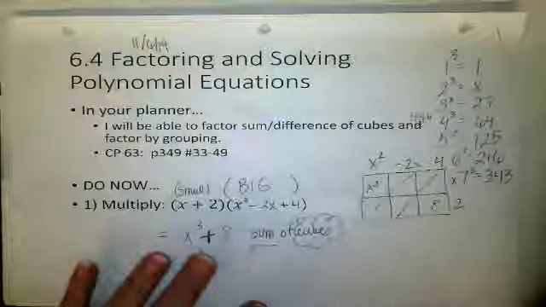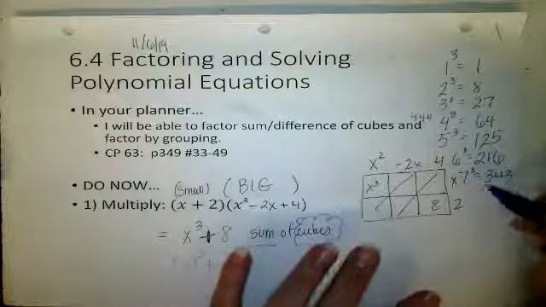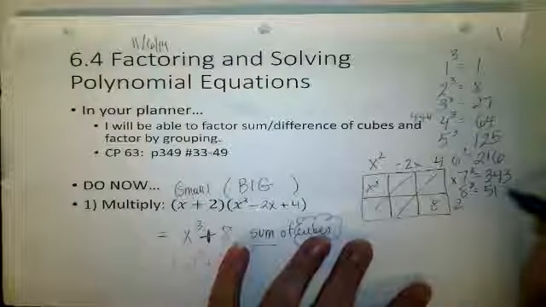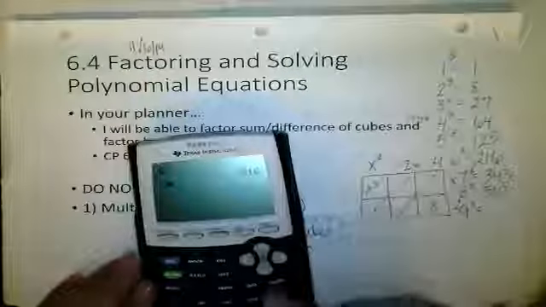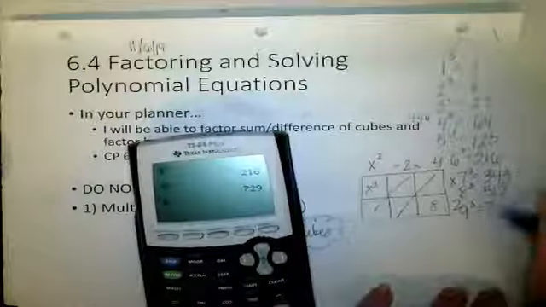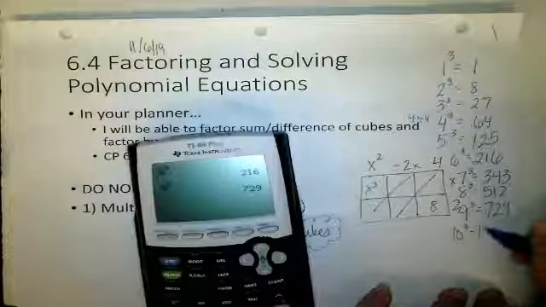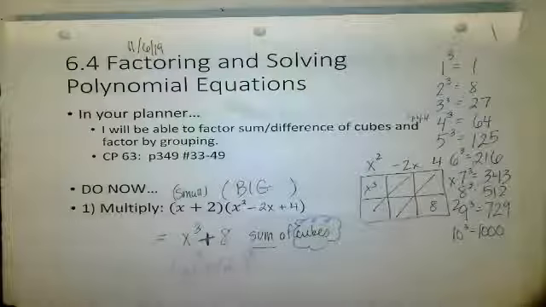I just like memorizing things like that. Okay. 8 cubed is 512. I don't know what 9 cubed is. Let's see. 9 cubed, 729. And what's 10 cubed? 1,000. Yeah, okay.